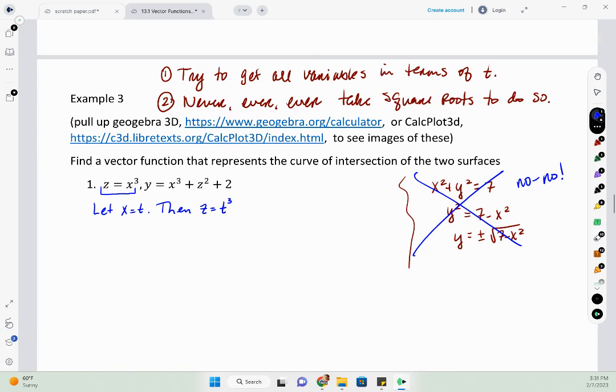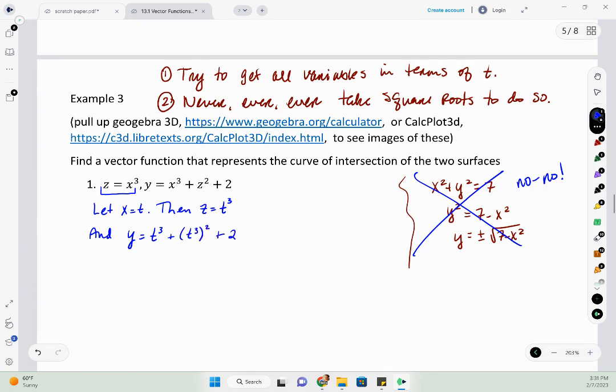Next thing I need to do is get y in terms of t. So let's see how we do that. And y will equal x cubed. Well, x is t, so I can go ahead and put t cubed there, plus z squared. Well, again, z is already something. It's t cubed. And so then we'll square that.